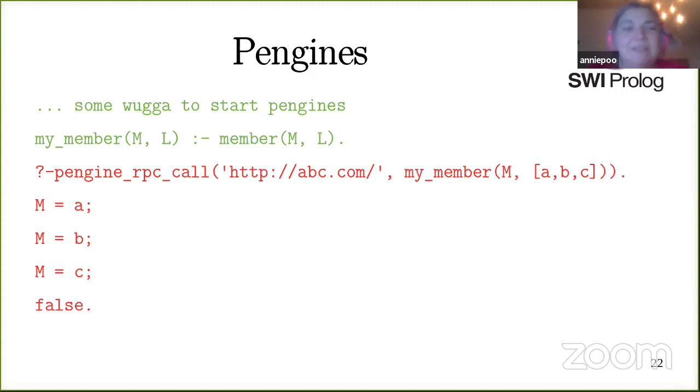Yeah, honestly, they're easy to write. If you want a Pengines client in your language, I suggest you look at those Java Pengines clients in Similarity on GitHub, and you can copy that and have yourself a client in a pretty short time.